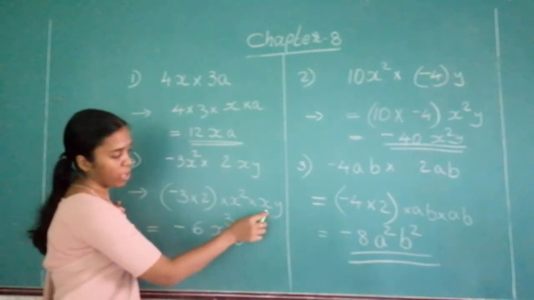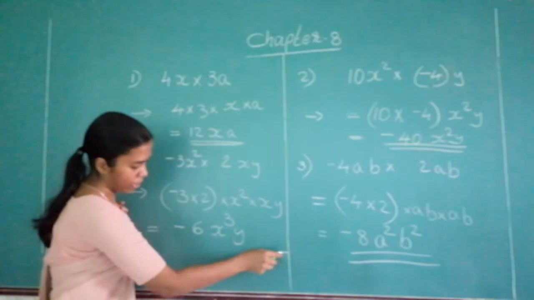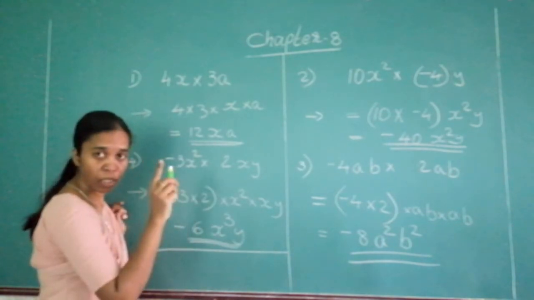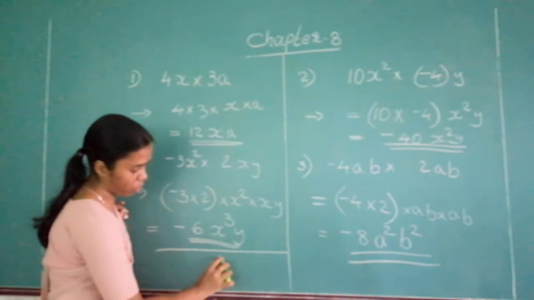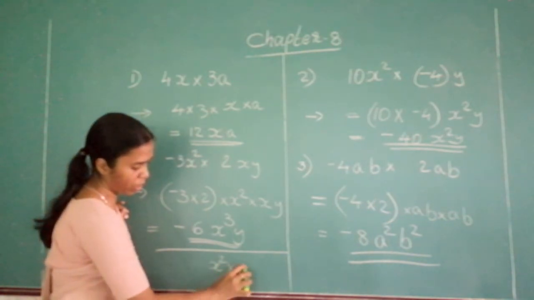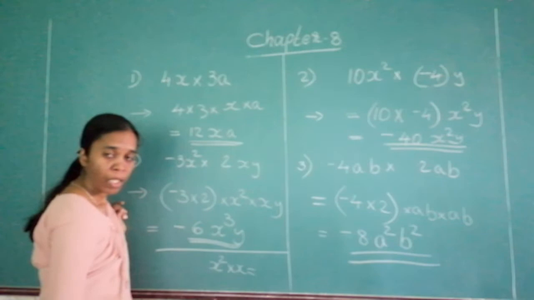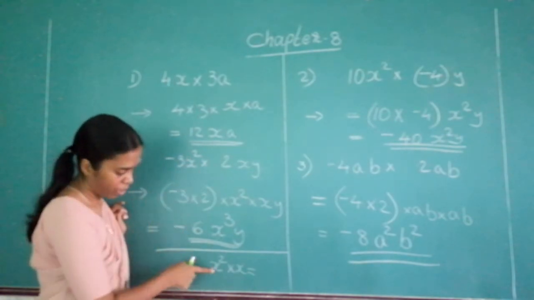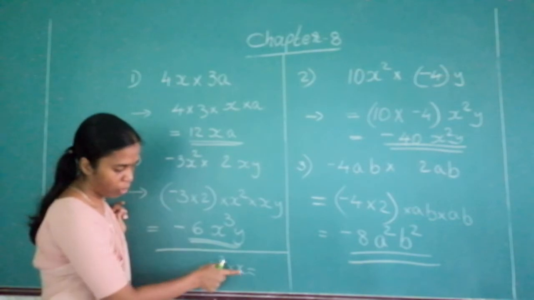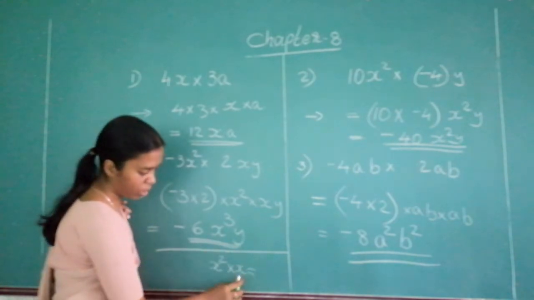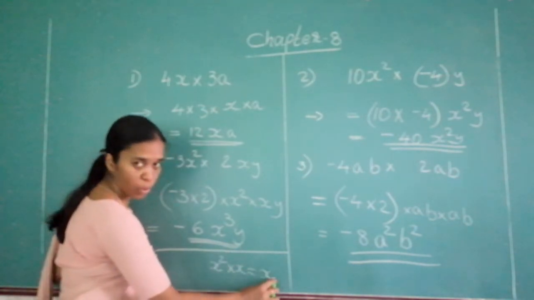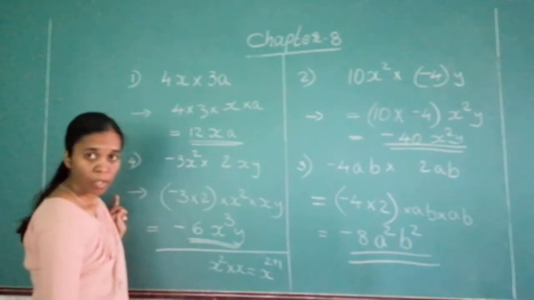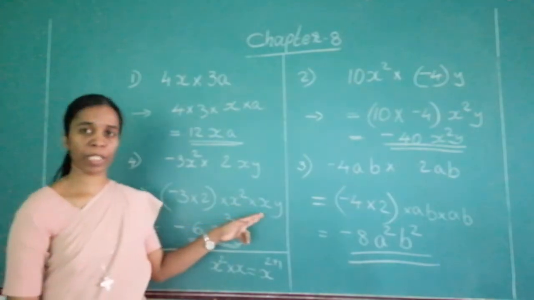Now, when we do this x square into x, I just want to tell you, we have done solving these questions before. a raised to m into a raised to n is equal to a raised to m plus n. This is what we are doing over here.